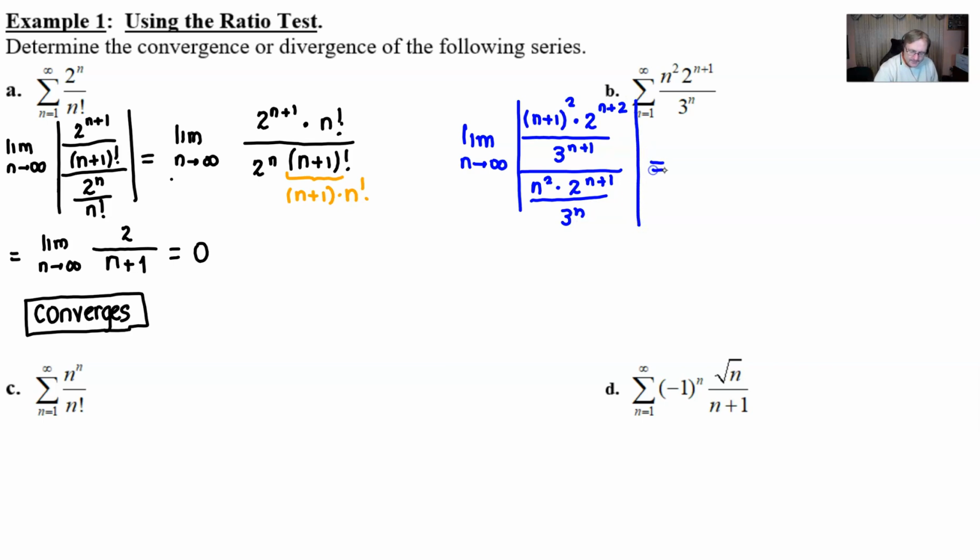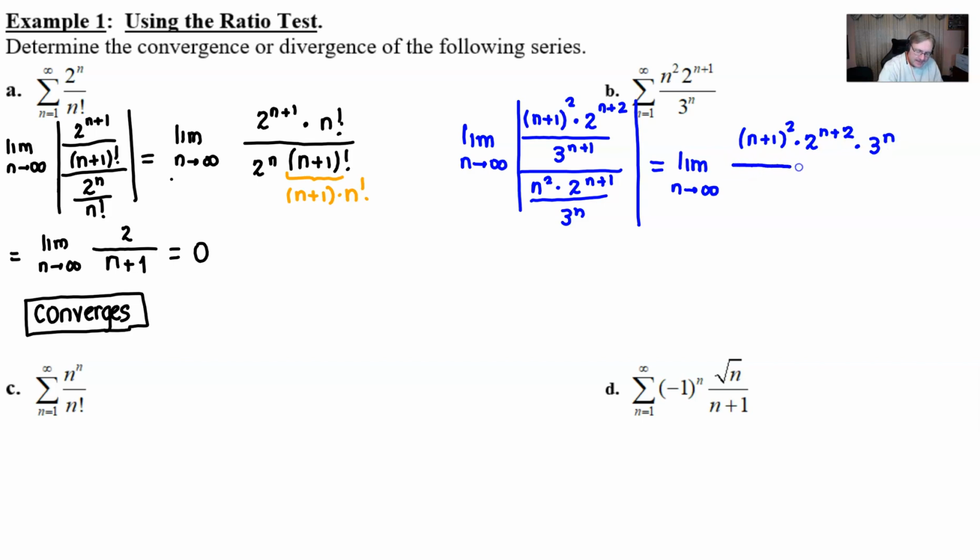Typically, that would also be our first point. Once again, I don't think that the absolute values are serving much of a purpose in this problem. So we can get rid of those and at the same time multiply by the reciprocal. So this numerator is still going to be an n plus 1 squared times 2 to the n plus 2, but it's going to be joined by the numerator here, 3 to the n.